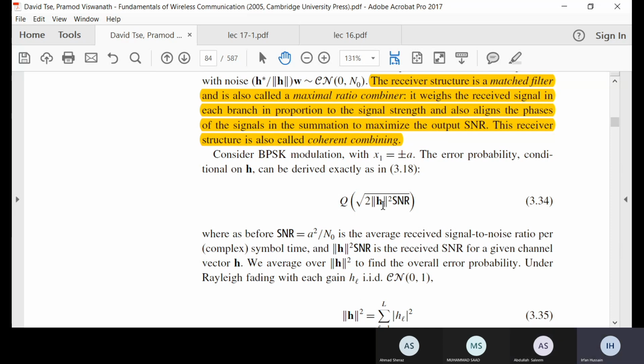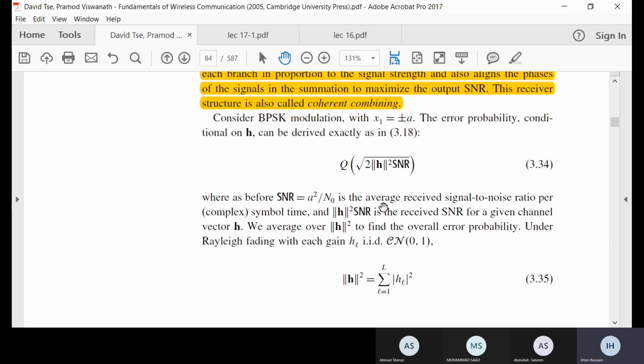There, if your h was a small value, you were in error. But here you have a full-fledged mod value of a vector. All of these h's have to be very small for this total h mod square to be small, and hence to be in error. So this is the advantage that has come by using diversity in L branches.